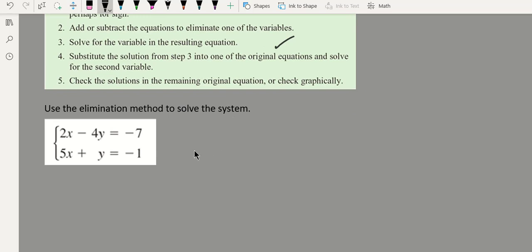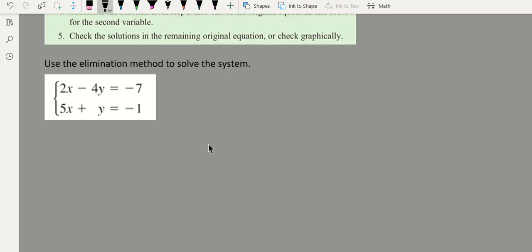Now, for a system such as this, we have 2x minus 4y equals -7, and 5x plus y equals -1. We want to determine which variable to eliminate. If I look at my coefficients, the numbers in front of the variables, 2 and 5 have a least common multiple of 10, meaning I would have to change both equations.